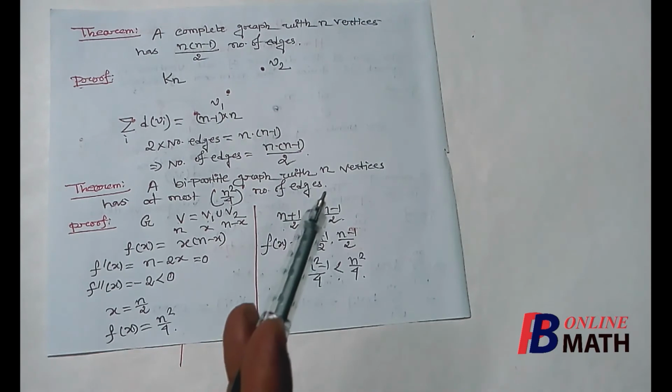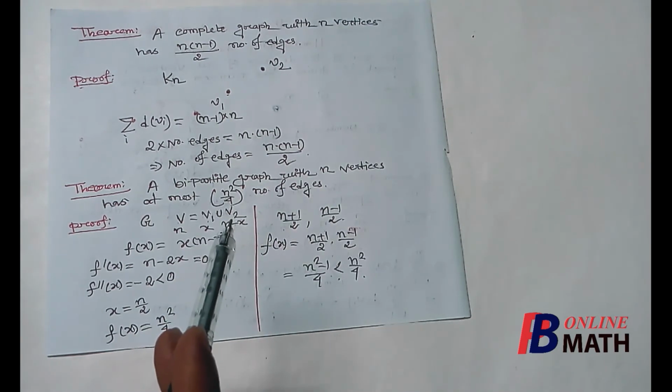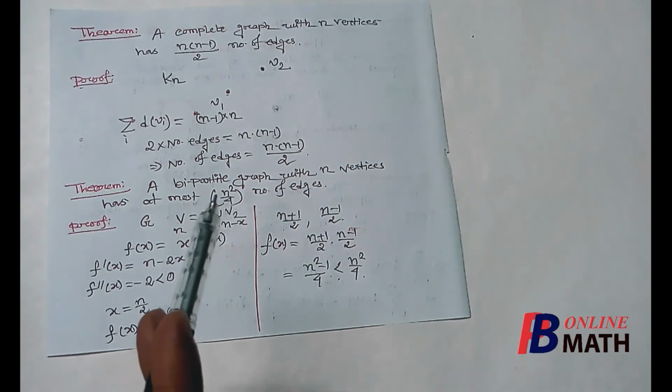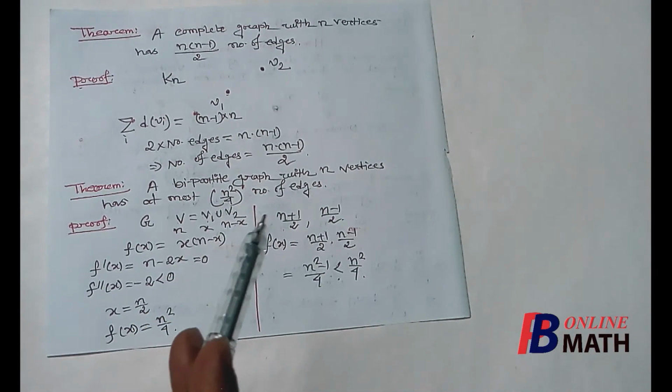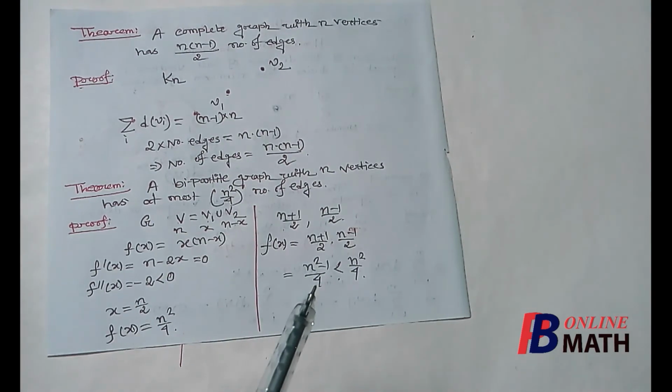If the number of vertices n is even, then it has n square by 4 edges, because in this case it is an integer. But if n is odd, then the graph contains at most (n square minus 1) by 4 edges, because in this case n square by 4 is not an integer.